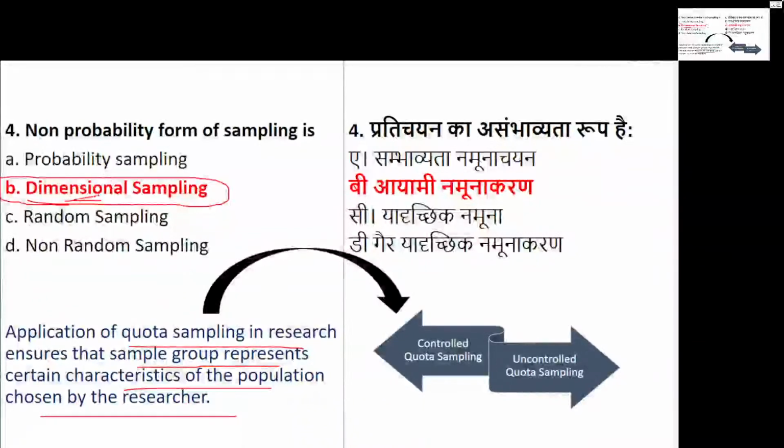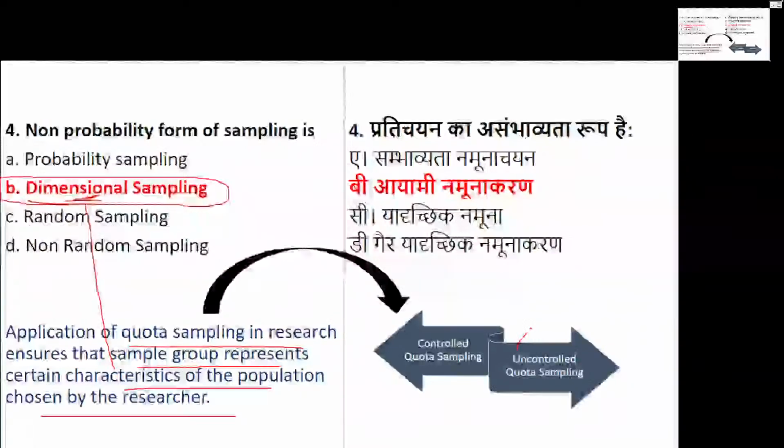So dimensions are nothing but the characteristics chosen by the researcher. You have controlled quota sampling and uncontrolled. Control means the things which are under your capacity; uncontrolled is beyond the capacity. But these characteristics are known as dimensional sampling.